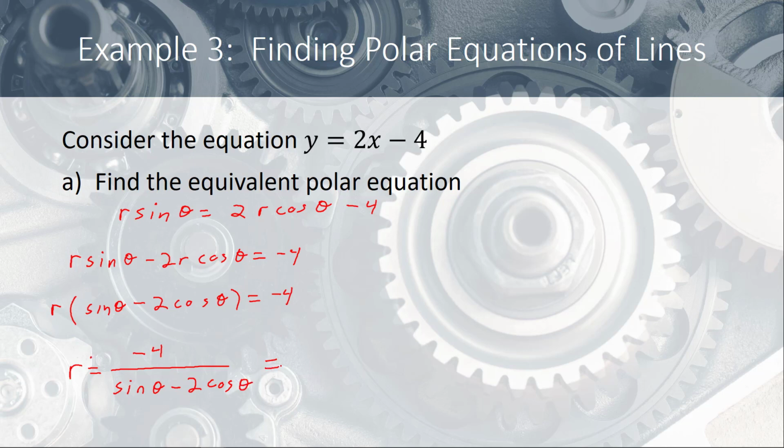Now, if you're anal retentive like me, you might want to get rid of the negative sign in the numerator. So we could also write this as 4 divided by 2 cosine theta minus sine theta. So right here is basically the expression for a linear equation in polar coordinates.